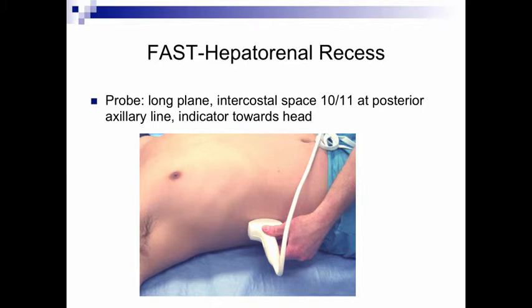But moving to the images that are more germane to our topic at hand, the second classical imaging acquisition site in the FAST exam is the hepatorenal recess. Typically this is the Morrison's pouch view that people often talk about. So you'll have the probe in a long axis orientation in the intercostal space at the 10th, 11th intercostal space at the posterior axillary line.